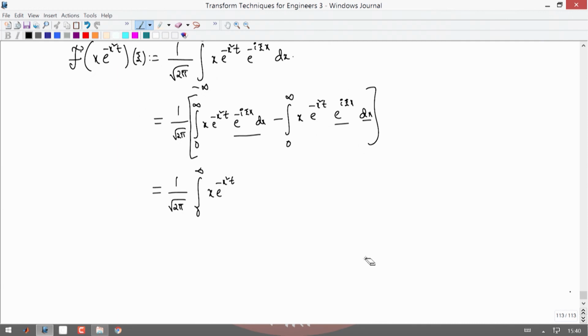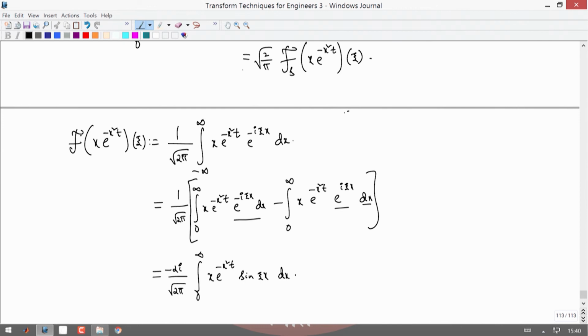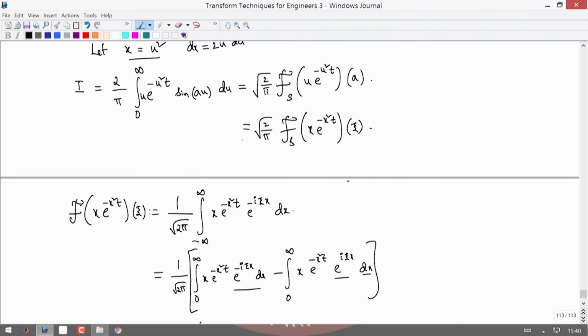This is the definition we followed for the Fourier transform. So, this is going to be minus 2 I times sine xi x dx, right. So, this sum is this difference, this minus this is minus 2 I times of that.